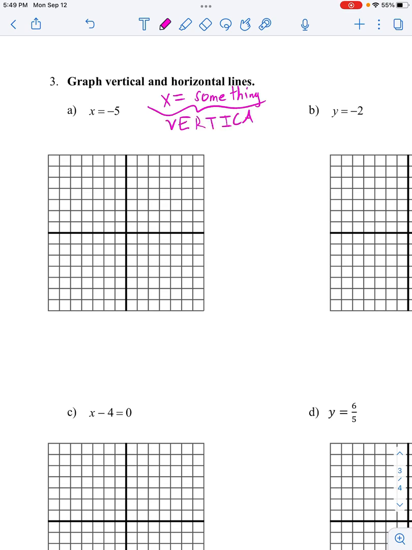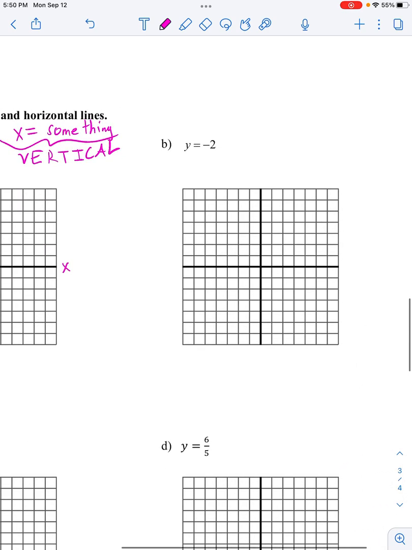So label my axes. We're going to need a vertical line at x equals negative 5. So we're going to come 1, 2, 3, 4, 5 to the left. I'm going to plot a point here and draw a vertical line through it, up and down. Done. x equals negative 5.